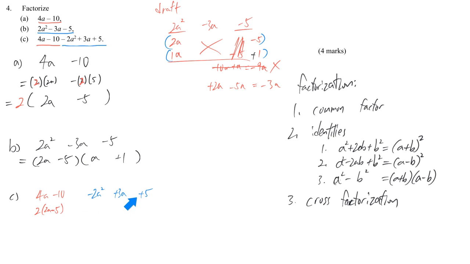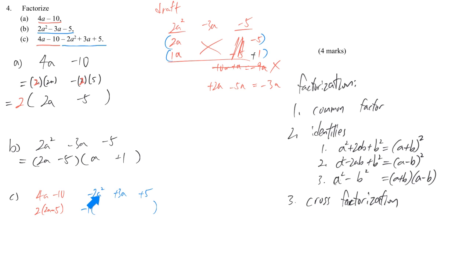And the second part, we are going to use our answer again, but before that we have to check whether it's the same as our question in B. It's not exactly the same. This is negative 2a squared while this one is positive. This is positive while this one is negative. This is positive while this one is negative. So we have to extract negative 1 first.